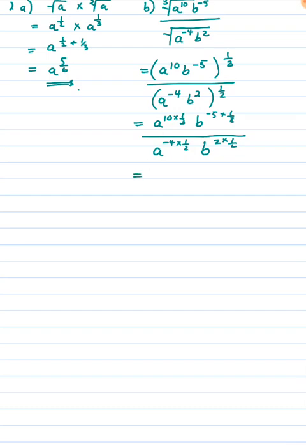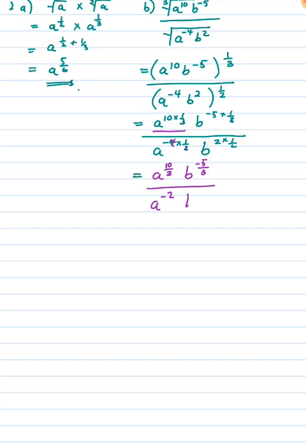For this one, just use another color. For this one we get a to the power of 10 over 3, then b to the power of minus 5 over 3, all over a to the power of, this one to this one becomes minus 2.